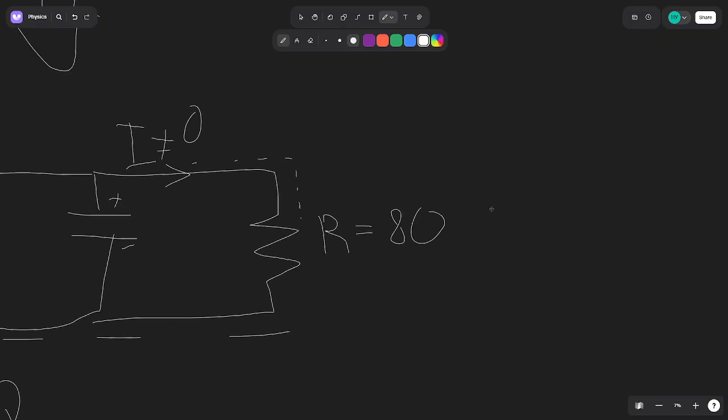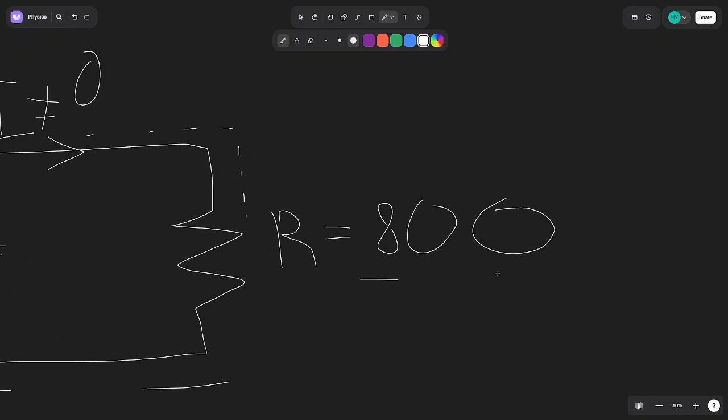But if it's 800, we need more power, more force, to put it in a more human way, right? If we give it more force, then it will go. Otherwise, if we keep the same force, it will take longer to push through this resistance.